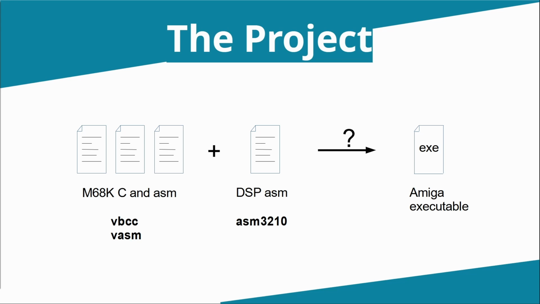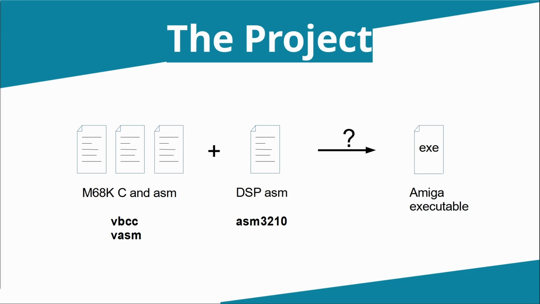But what about the assembly language for the DSP? Well, I've written an assembler for the DSP chip. It is relatively basic, but it's enough to get the job done. It's called DSP3210 and it's available on AmiNet. So that's the place to get the assembler for the DSP chip.